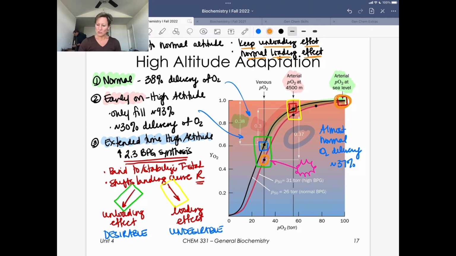So you're going to get now to about 43% unloading. So you've built up that extra 2,3-BPG reserve so that when you return to normal altitude conditions, you don't have that cost anymore, but you retain the benefit.